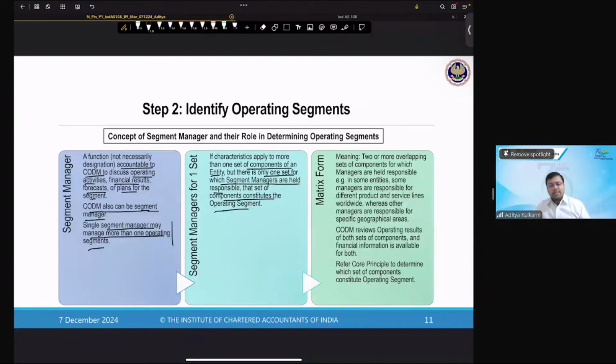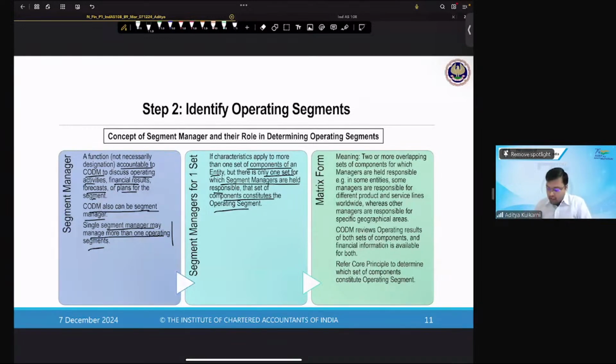So characteristics apply to multiple operating segments, but there is only one set for which segment managers are held accountable. आपके कई सारे segments हो सकते हैं, right? But accountability is coming only for one segment. Then only that set of components will constitute the operating segment.